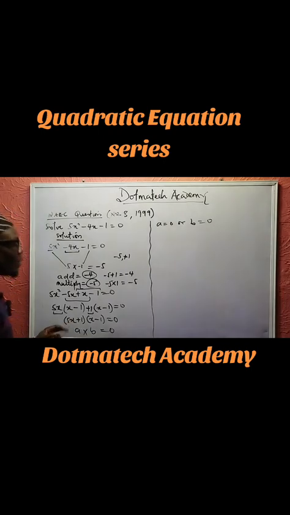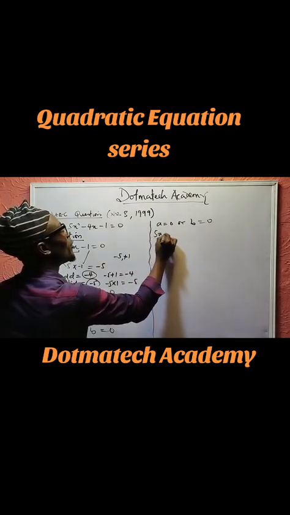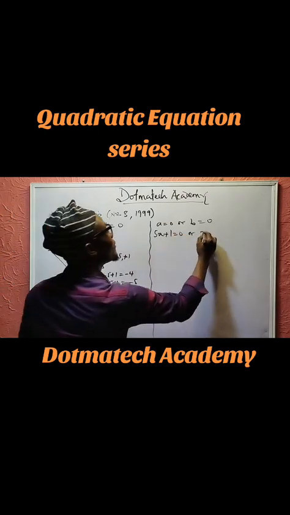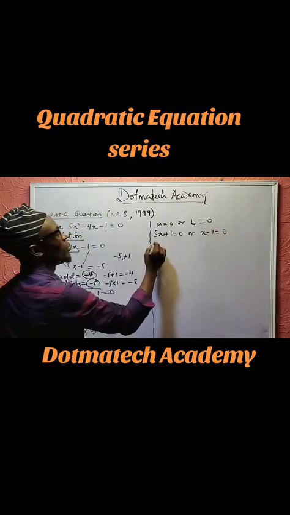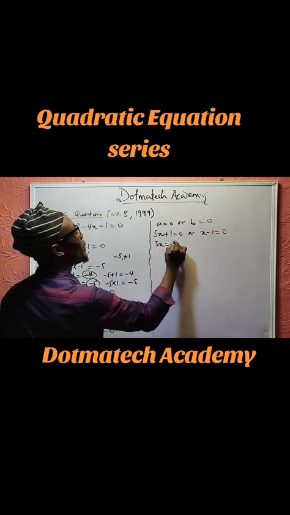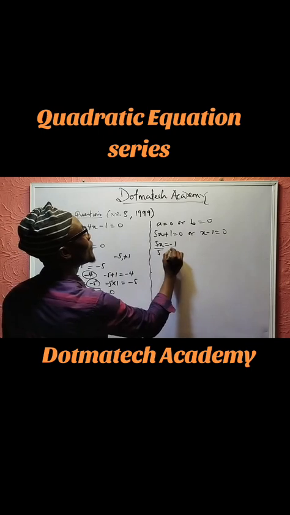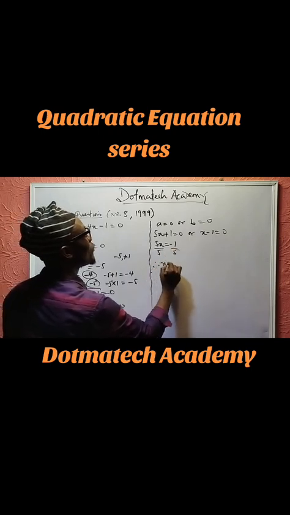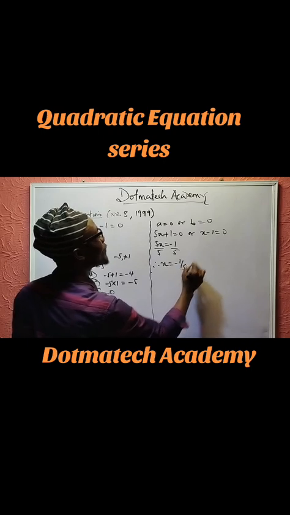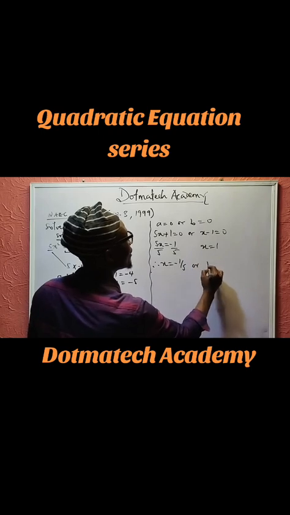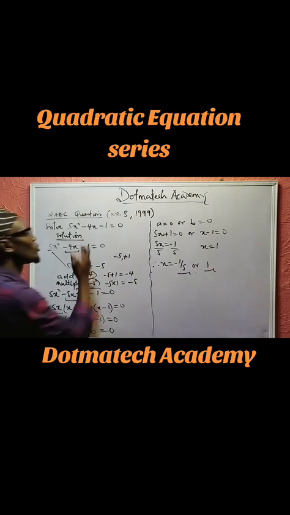So in this case, we have 5x plus 1 equals 0 or x minus 1 equals 0. Rearranging, 5x equals minus 1, then dividing both sides by 5, x equals minus 1 over 5, while here x equals 1. These are the roots of this equation.